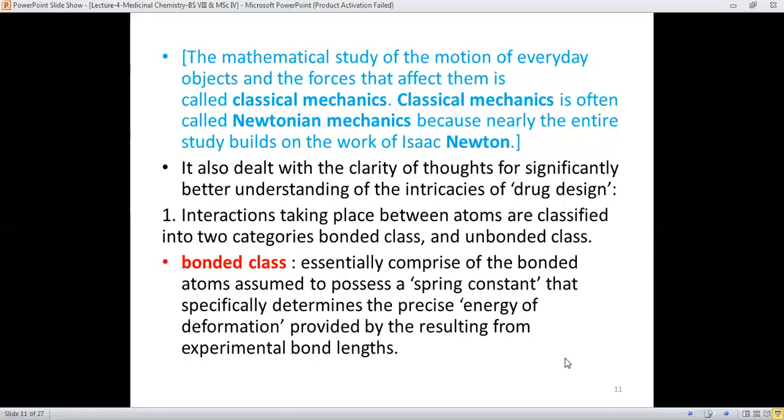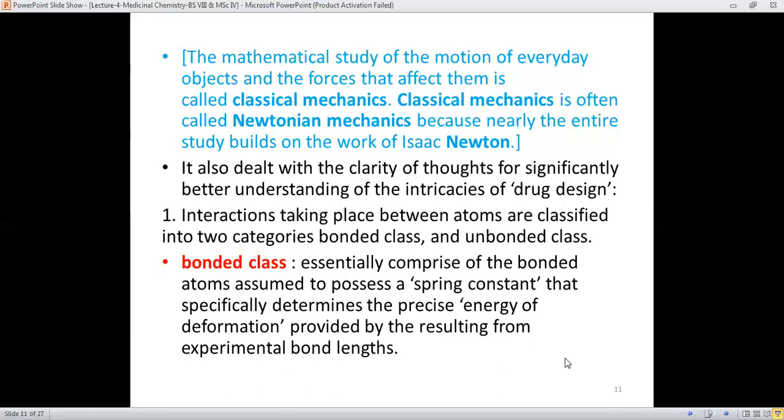And it also deals with the clarity of thought for a significantly better understanding of the intricacy of the drug design. It means the inner thought, or the message of the drug design.